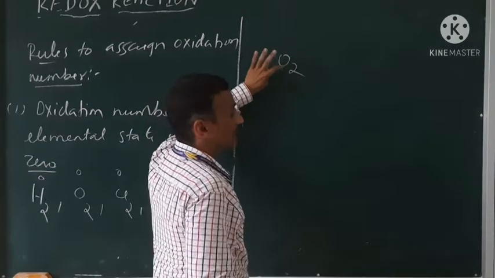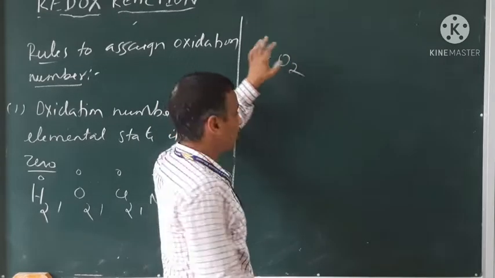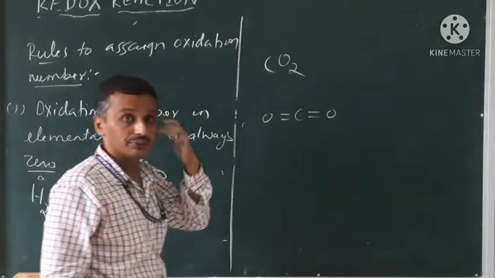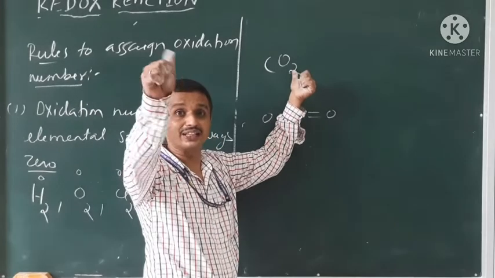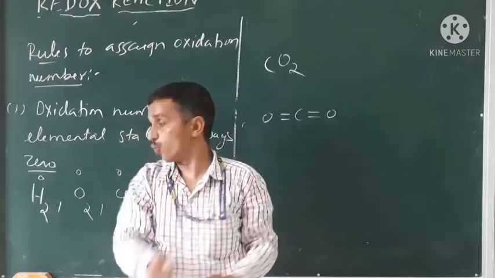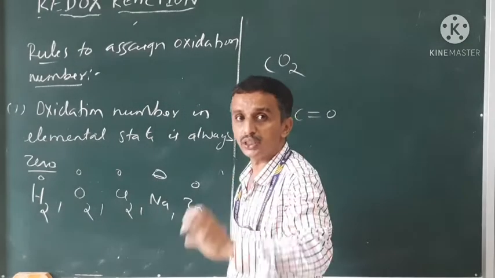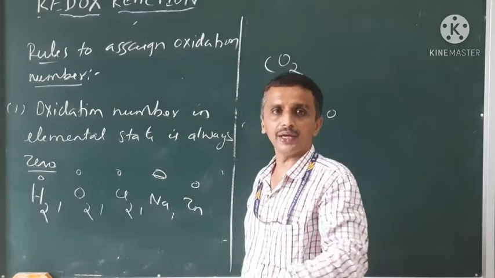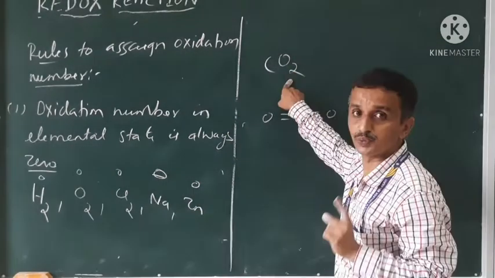See, this is not elemental oxygen. CO2 has carbon and oxygen, so this is not elemental oxygen. So here it is not 0. Only when they are like H2, O2, Cl2, N2, Ne, Zn, barium, etc., it is 0. Not here.